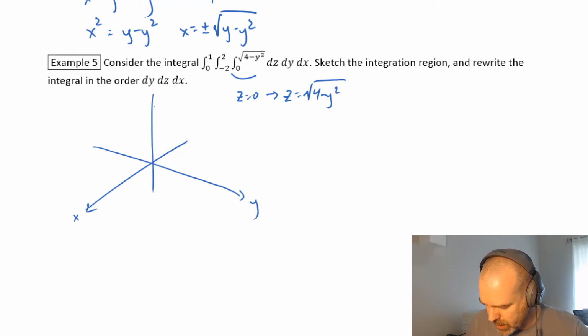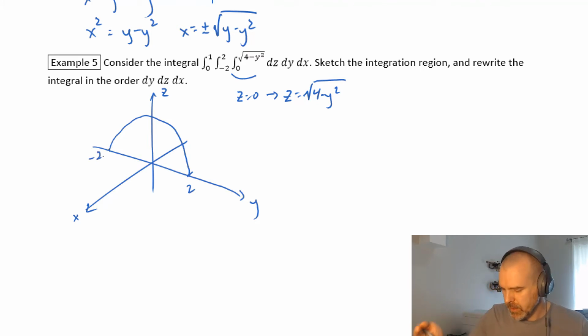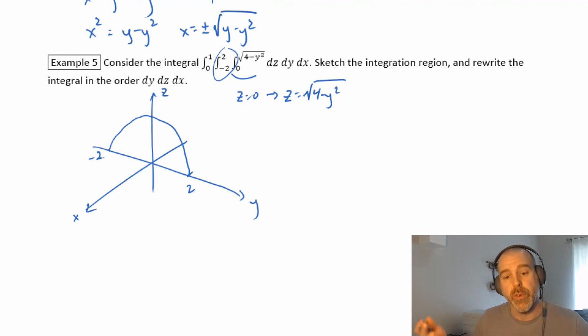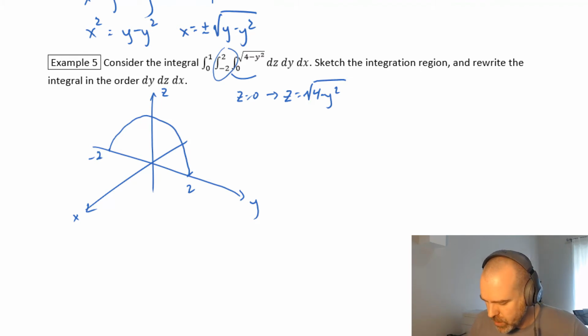x, y, z. Square root of 4 minus y squared would be a circle of radius 2. And then we're moving along the x-axis. Let's see, y goes from negative 2 to 2. Okay, so it's the full semicircle. And then x goes from 0 to 1.